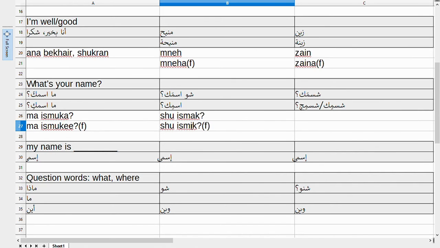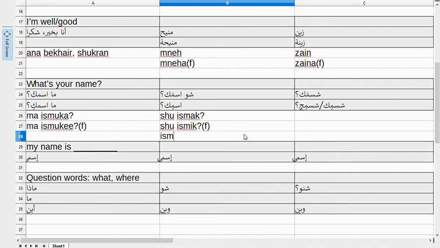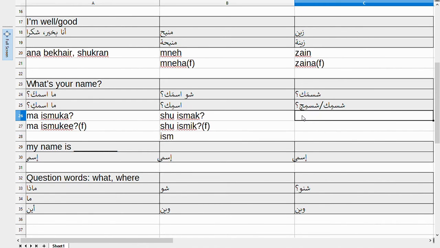And then over here, again, we've taken the shinu, the word for what in Iraqi, and squished it in, and you still have ism, which is name in Arabic. We've squished it all together, and now it's shismak for male, or shismik, shismich for a female.